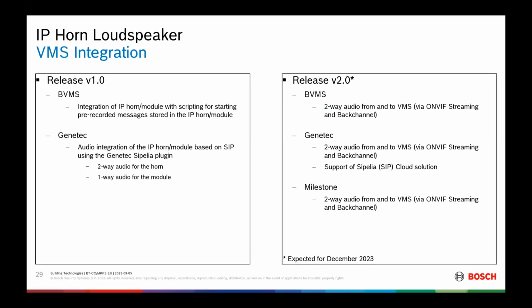My colleague Jan Noten will show you some details about this later. With Genetec, we have an audio integration of the IP horn and module based on SIP using the Sipelia plugin for Genetec Security Center. So it is possible to do a two-way audio with the horn and a one-way audio with the module.